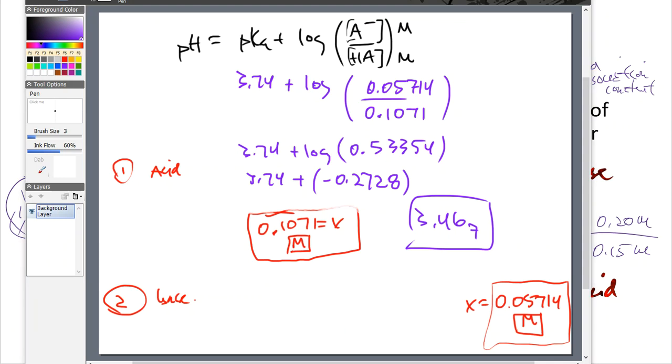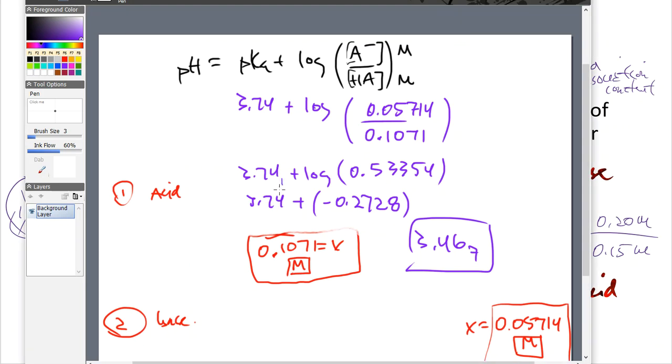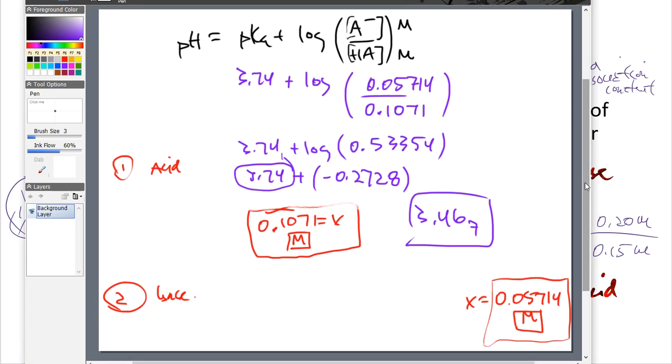Now, one final takeaway that I want you to understand from this problem is that the original pKa of just the acid alone was 3.74, right? This is the pH when formic acid begins to spit off the proton. So at a pH of 2, formic acid keeps the proton, the hydrogen.